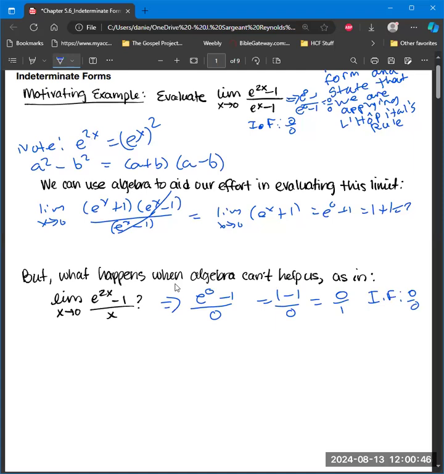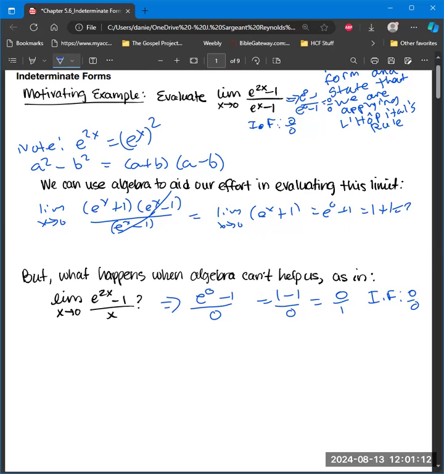Typically, that tells us to do algebra and try to cancel out a common factor, but that's not going to work this time. L'Hopital's rule tells us that we're allowed to apply it only in cases where we get an indeterminate form of 0 over 0 or infinity over infinity.